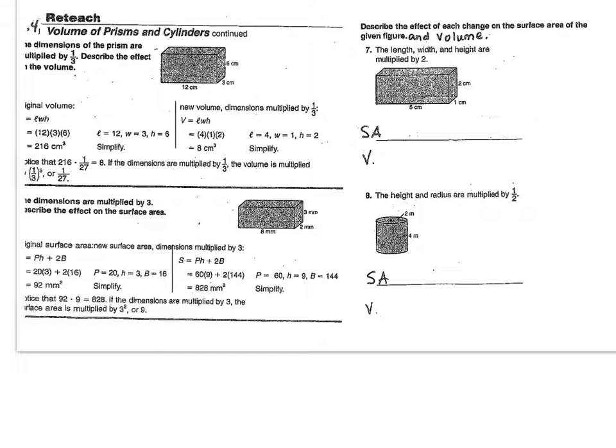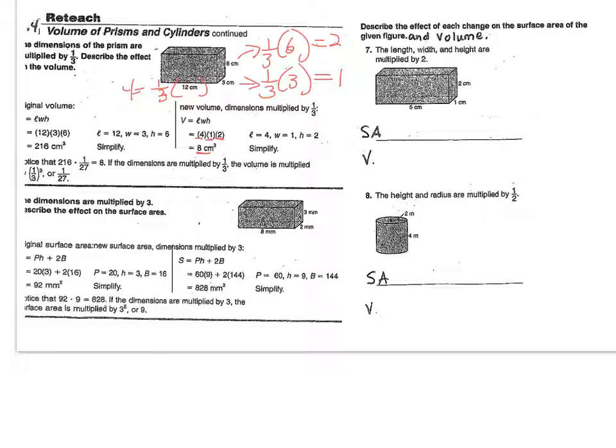Well, with the volume, if we're getting the 1/3, what is 1/3 of 6? That is 2. What is 1/3 of 3? That's 1. And 1/3 of 12? That's 4. So that's what they have here. 4 times 1 times 2 gives you an 8.